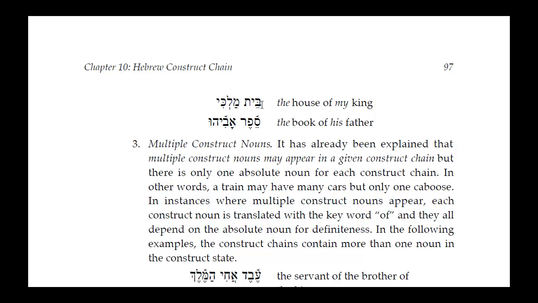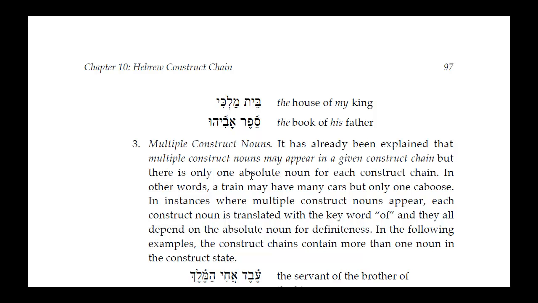The house of my king is how we would translate that. Also, in Sefer Avihu, Avihu is an absolute noun with the third masculine singular pronominal suffix hu here. So we would translate this as the book of his father.